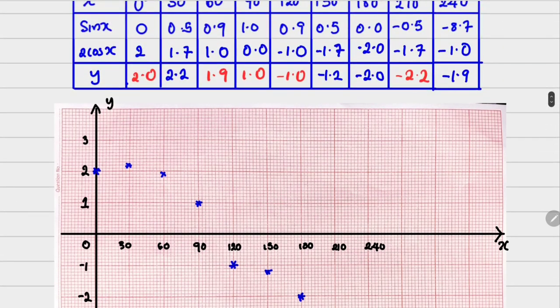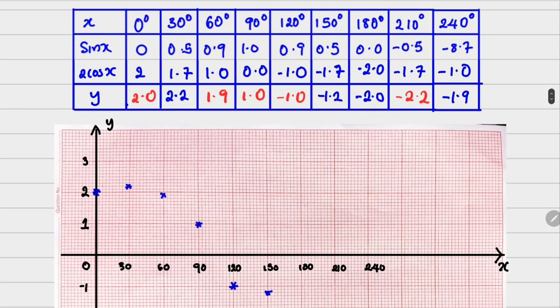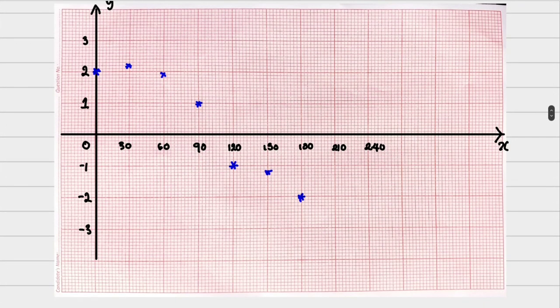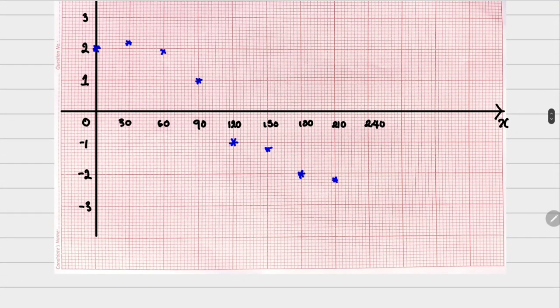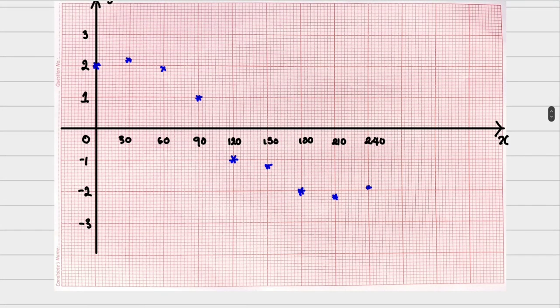Then when x is 210, we have minus 2.2. And this is where we have our 2.2. Then when x is 240, is minus 1.9. And this is where we have minus 1.9. So we've plotted all the points, and we are going to join it smoothly to check our graph.